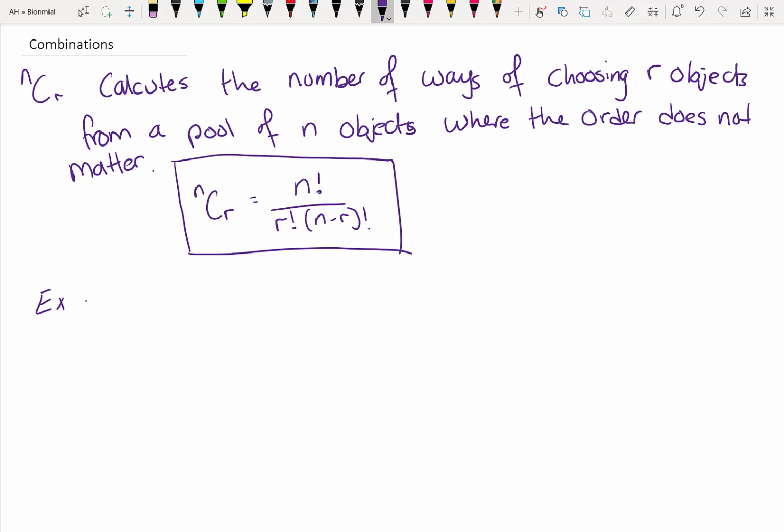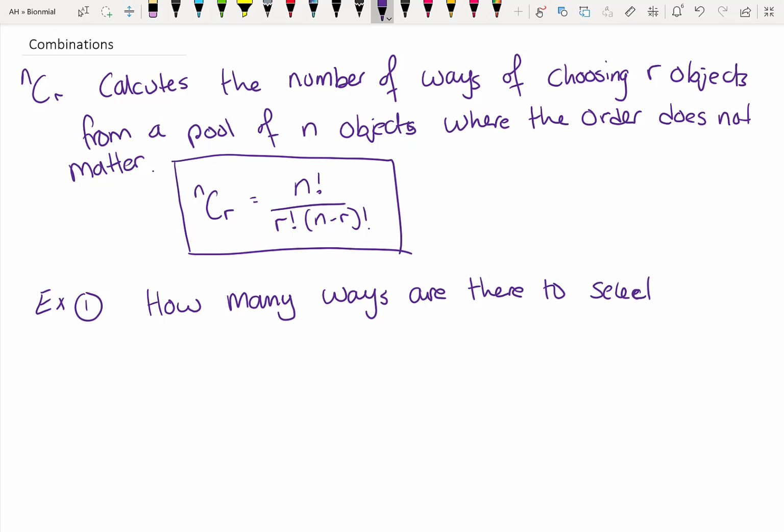So looking at an example, how many ways are there to select two prefects from 6 pupils?